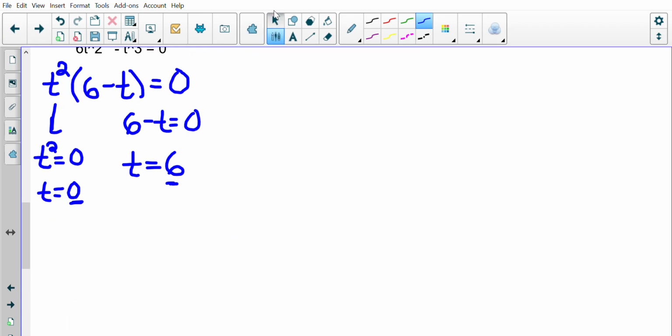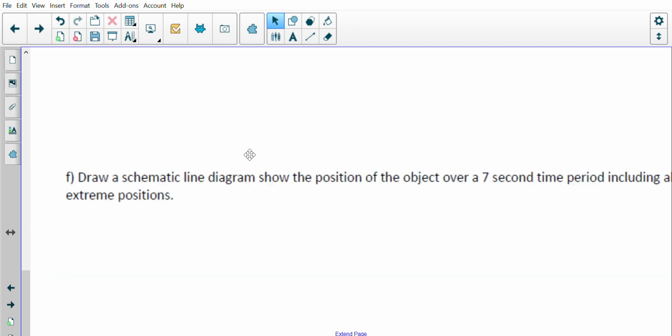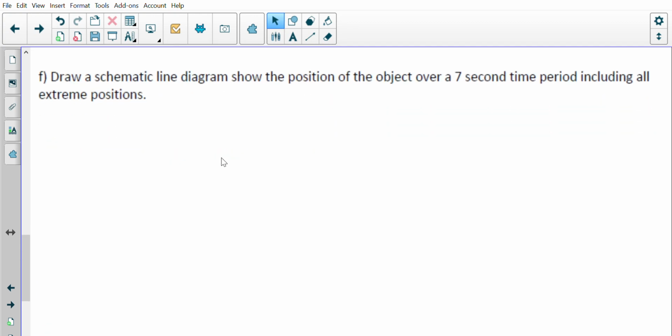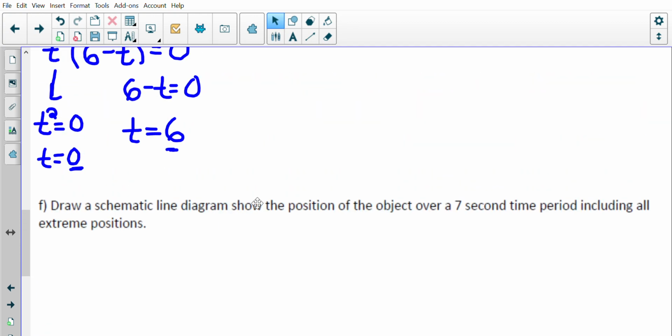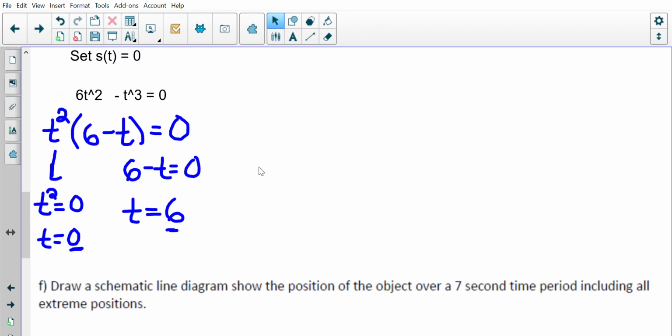All right, and I think we got one more here describing the entire motion. It says draw a schematic line diagram to show the position of the object over a 7-second time period, including all extreme positions. All right, so let's see here.